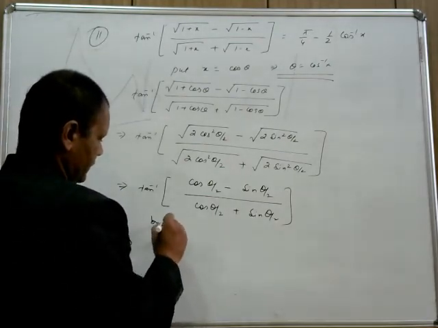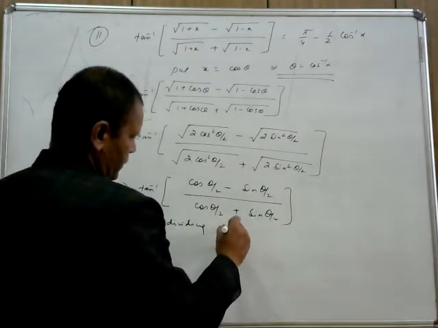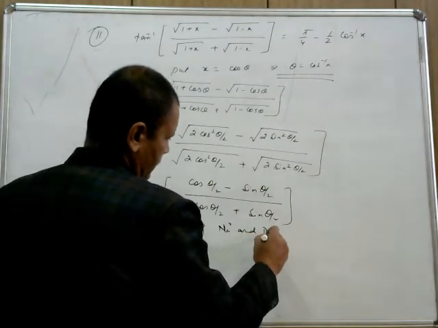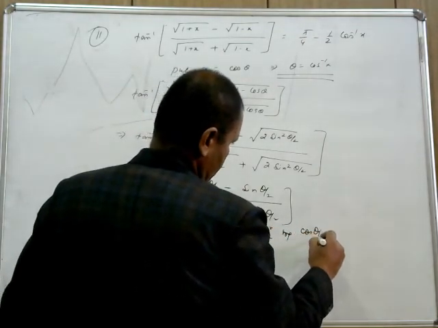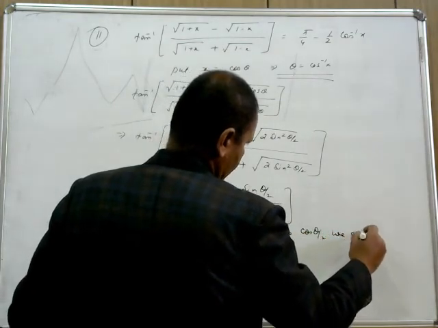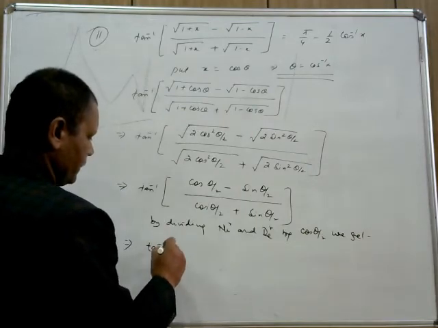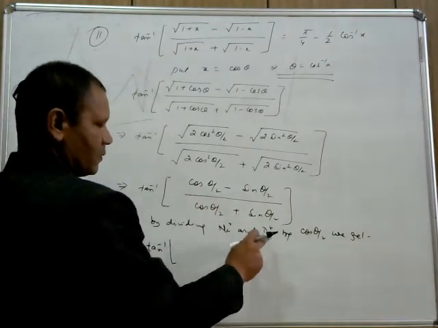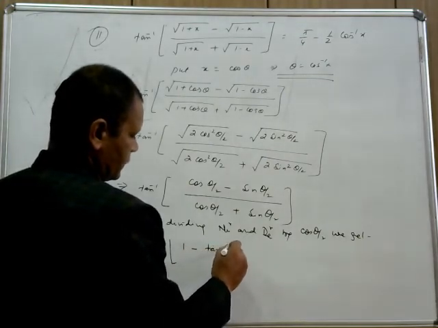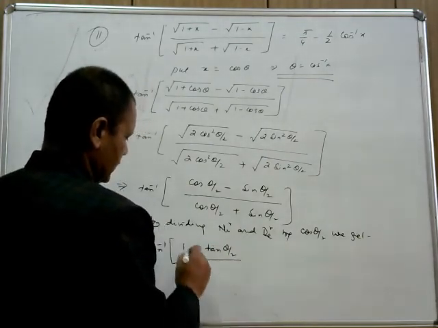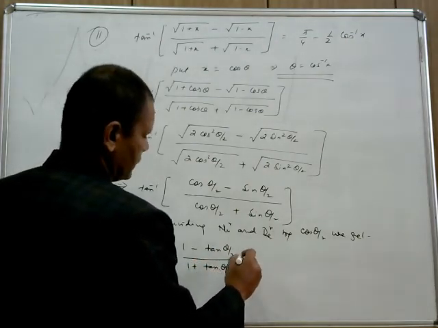By dividing numerator and denominator by cos theta by 2, we get tan inverse of cos theta by 2 divided by cos theta by 2, that is 1 minus tan theta by 2, and here 1 plus tan theta by 2.